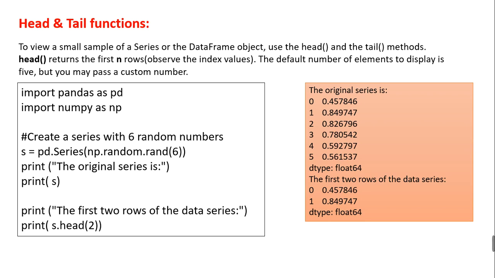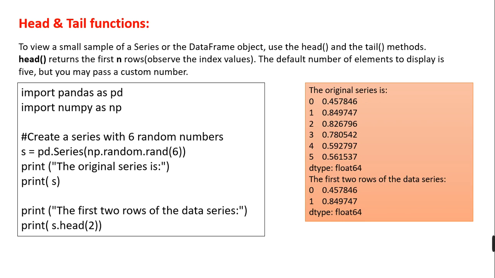Whatever we mention as an argument, n is the numeric number passed to the head function. If we do not pass any argument, the default number of elements to display is 5, if the records are 5 or more than 5. But you may pass your custom number also. That means you may pass any value for n, or leave it blank, so it will take the default value. Now let's see with the example.